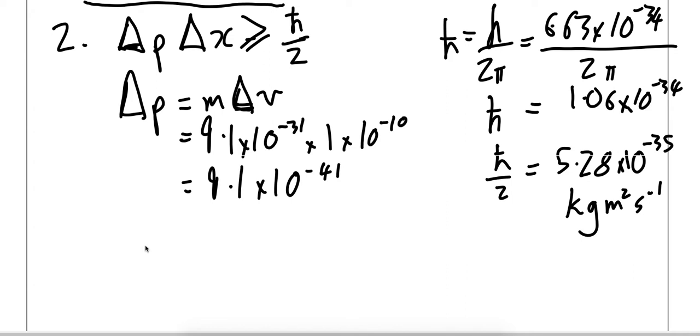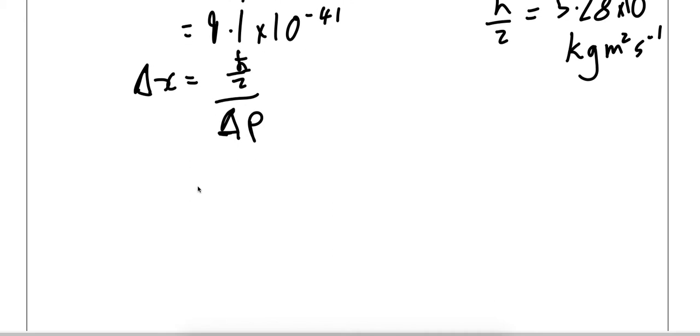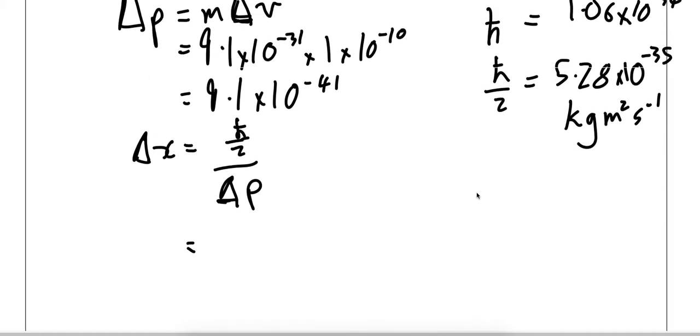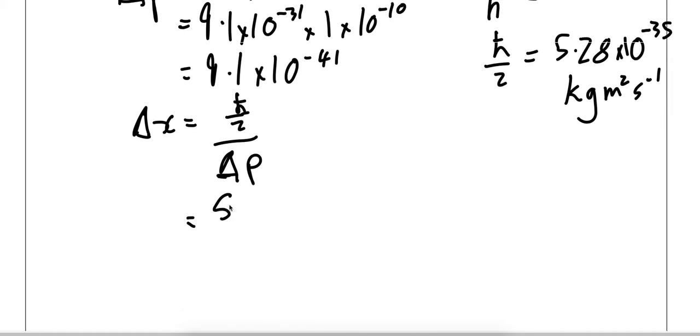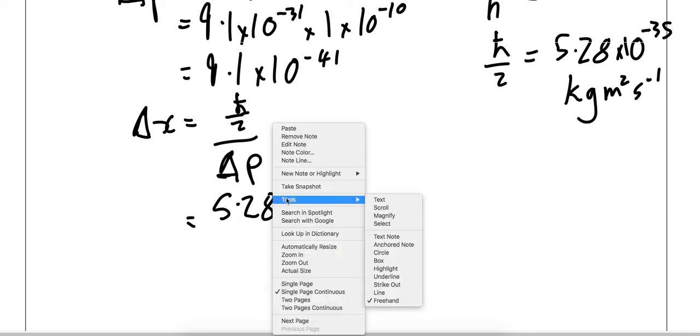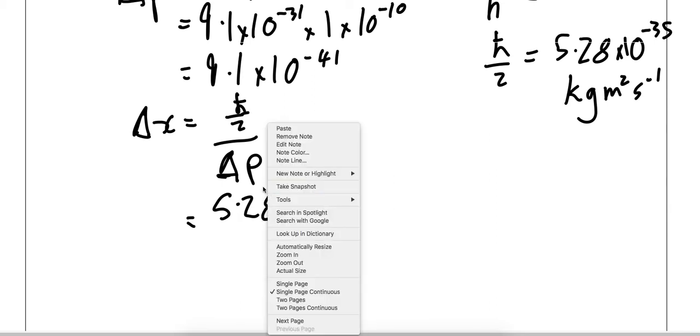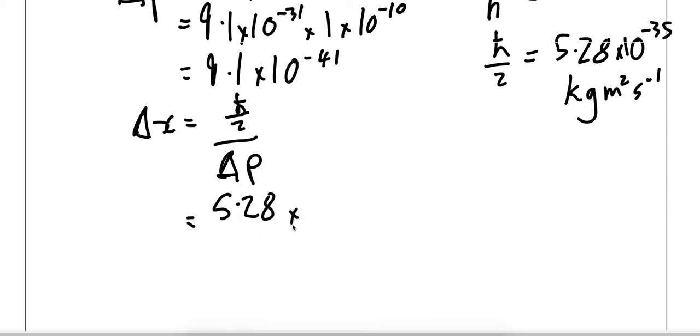We can rearrange our equation. Delta x equals h bar on 2 divided by delta p. We've just made delta x the subject, equals h bar on 2, which we did over to the right here, 5.28 by 10 to the minus 35.